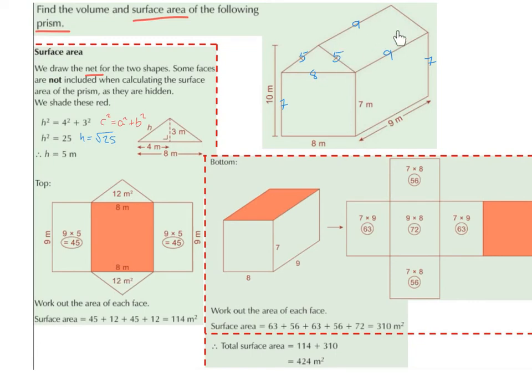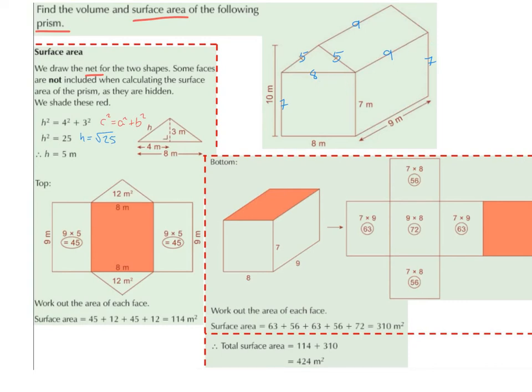Now we need to figure out the area of the roof. So it's a rectangle, so it's going to be 5 multiplied by 9, which is going to be 45. And then the other side that we cannot see is also going to be 45. 9 by 5 is 45. So again, we're not interested in this red section, which is the base of the triangular prism, because it's stuck on to the top of the rectangular prism, so it's not counted as its surface area.